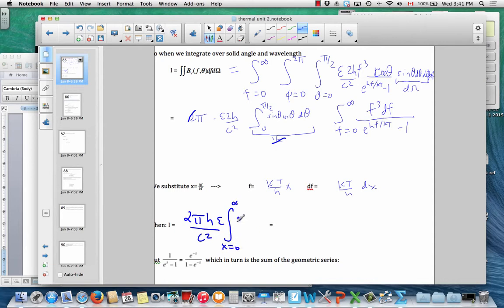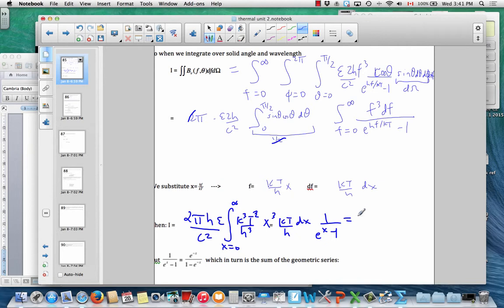So we had f cubed, so that's going to be k cubed, T cubed, over h cubed, x cubed, and df is kT over h dx. And then it gets a little better because here we just have 1 over e to the x minus 1.